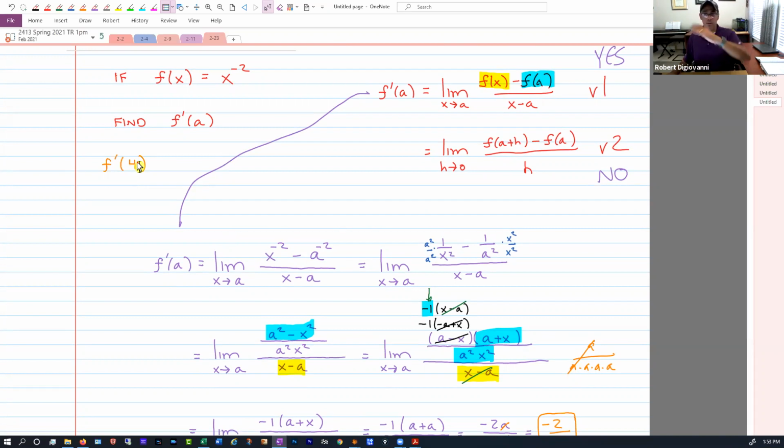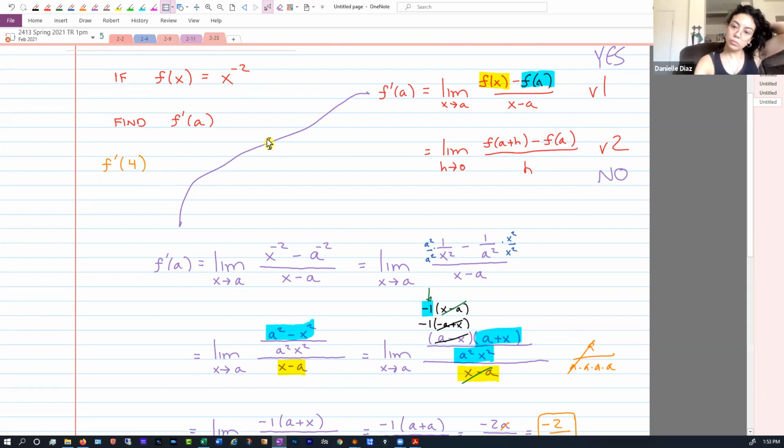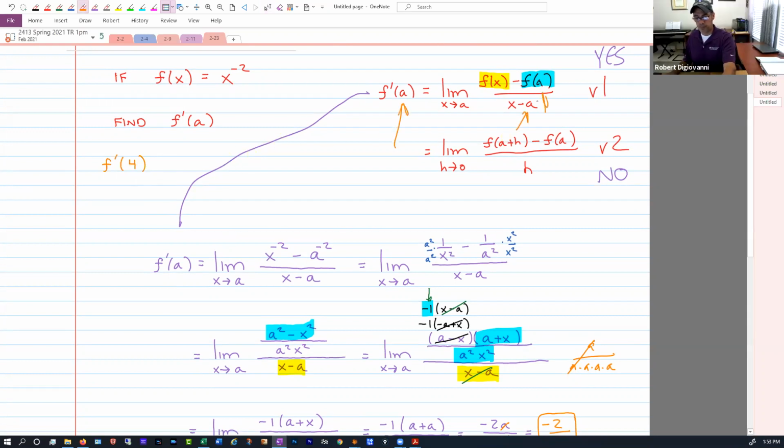You would have to go through all this work and replace all your a's with 4's. But then what if I said, now give it to me at 10, then at 3, then at -2, and I ask you to do maybe 20 of these. You do not want to have to go through and do this limit 20 times, do you? Right? That would be a lot of work.